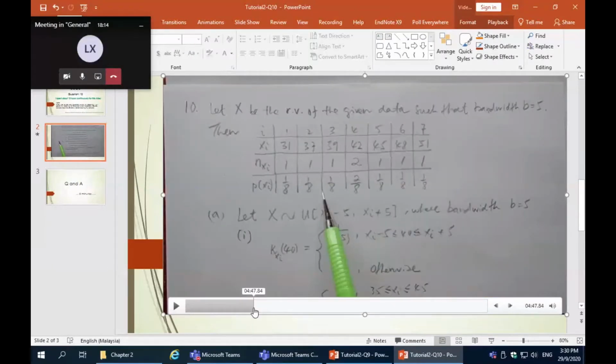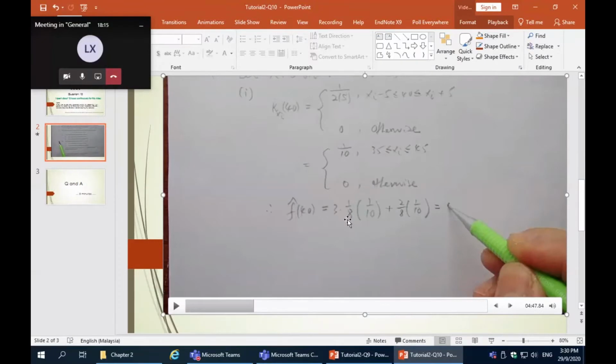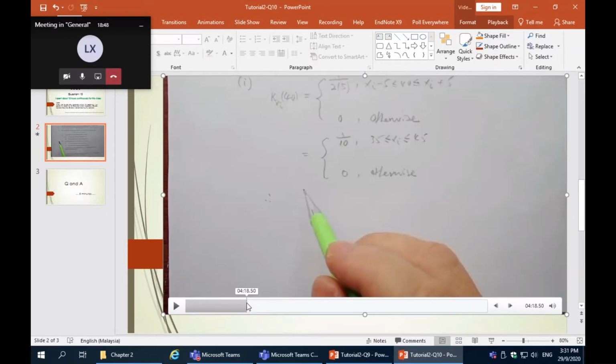Then only we can calculate, right? We can take the probability, multiplied by the kernel density function for this observation. That is, we have 3 times 1/8, and 1 time for this 1/10, 1/2 times, and then this is 3 times that you can see from here.